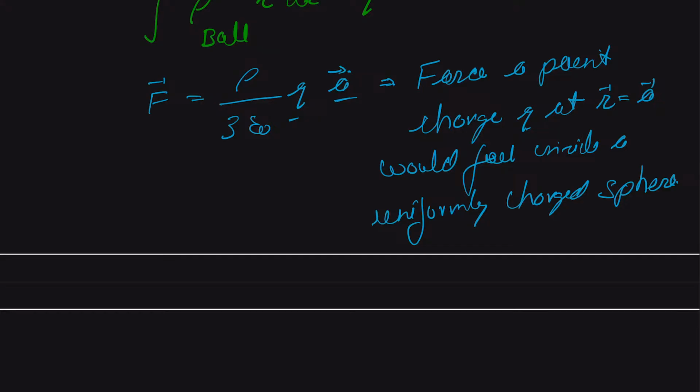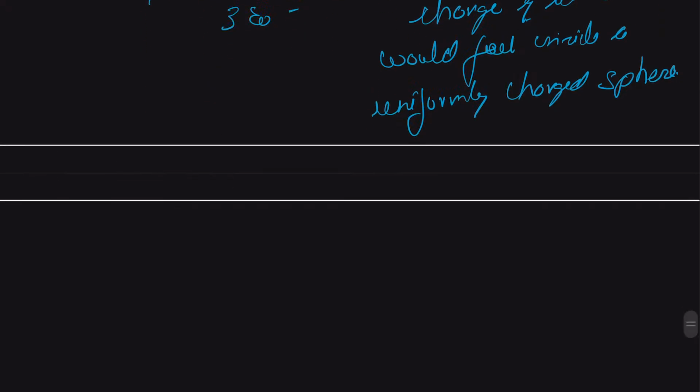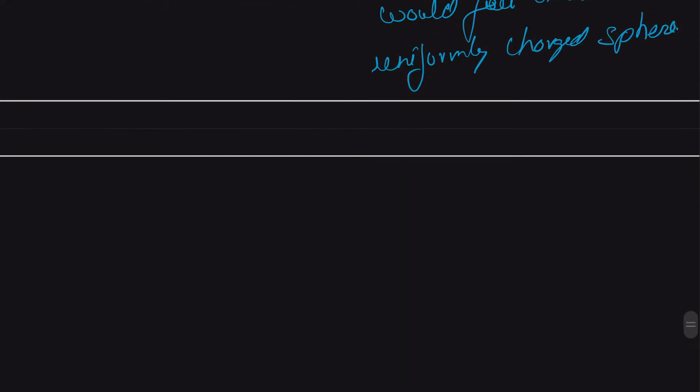And part B now states that instead of the ball there is a cavity. So in part B we are going to solve for the same force, but here we are given a ball in a cavity. So what is going to change?